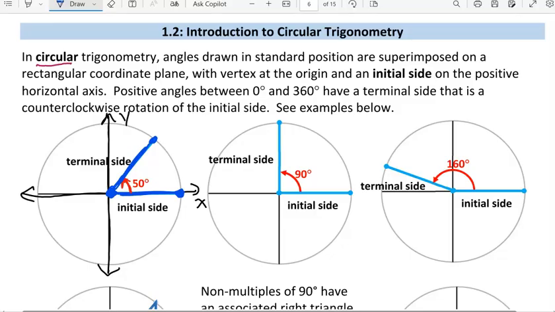Let's remember what the order of the quadrants are: 1, 2, 3, and 4. Notice that the quadrants also proceed around the central point in a direction that is counterclockwise. So if we have an obtuse angle, that terminal side is in quadrant 2.